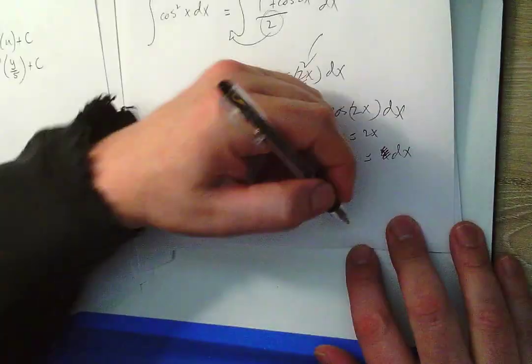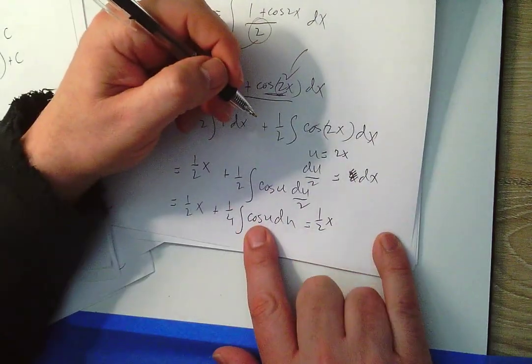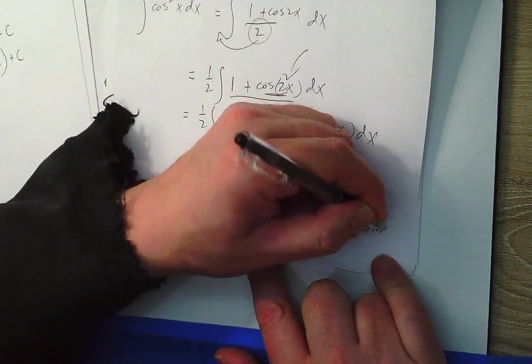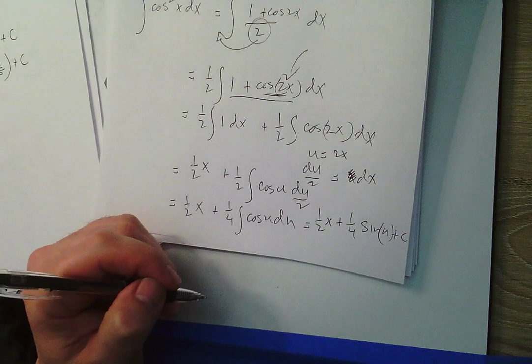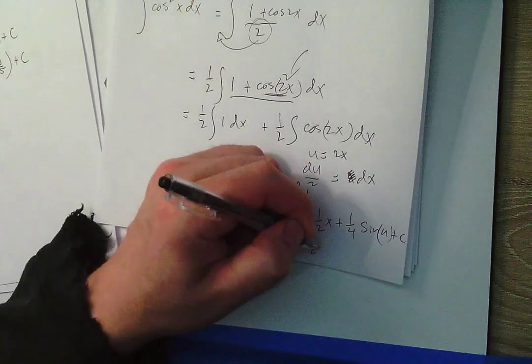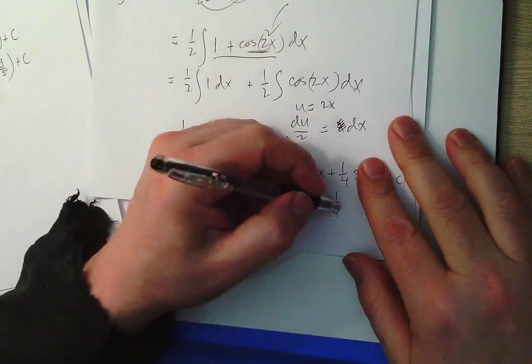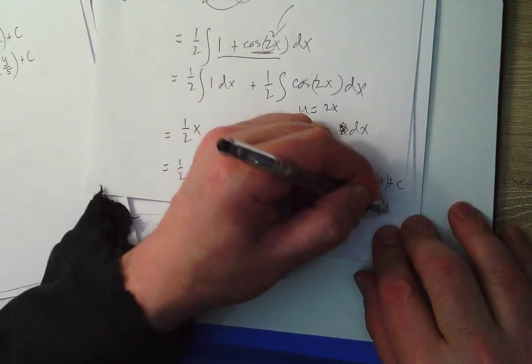And I know that the antiderivative of cosine is sine, so 1/4 sine u plus c. And don't forget we said that u was 2x. So I'll finish this problem by subbing my u back in: 1/4 sine 2x plus c.